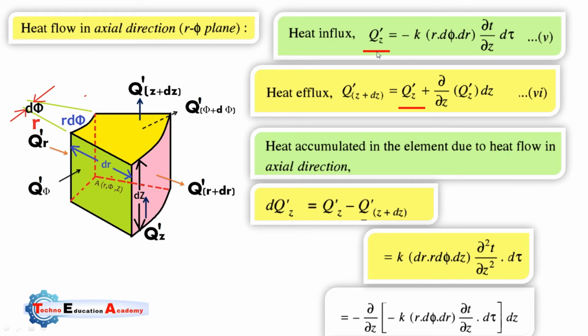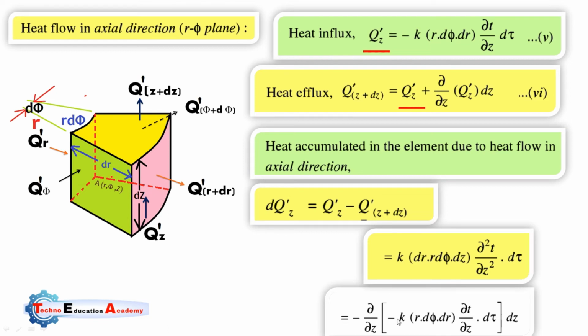Here the common term is q'z, so it is cancelled out. So the remaining term is heat flow in axial direction equal to minus del by del z in bracket the value of qz equal to minus k. Here we will put the value of qz. Okay, this is the value of q'z, and dz is already there.